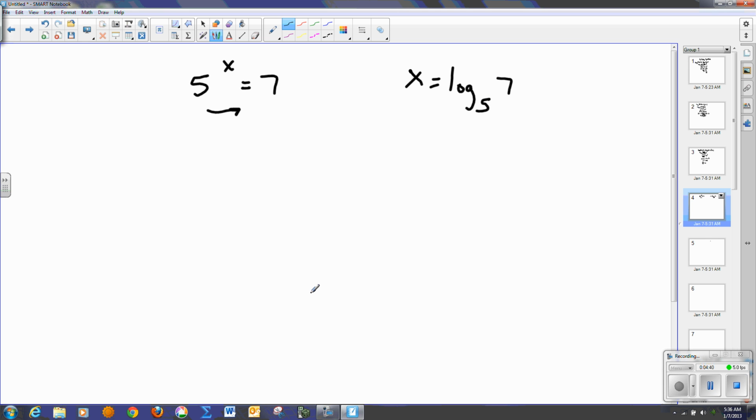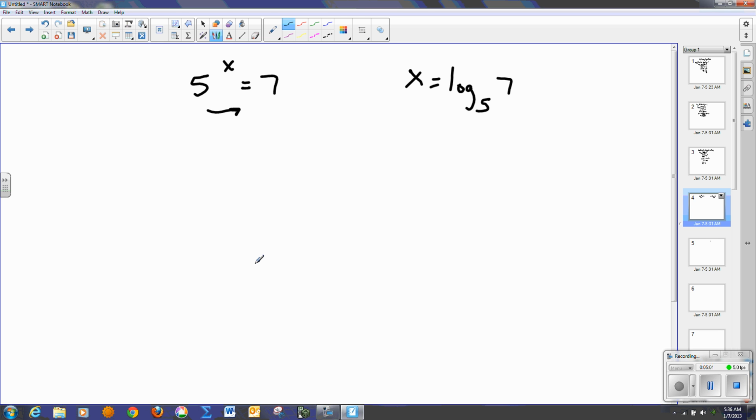That's its logarithmic equivalent. But our calculator won't do this. And we could probably graph this and find out what value x is going to be, but we're not going to. Luckily, algebra now has some properties that we're able to use for logarithms.